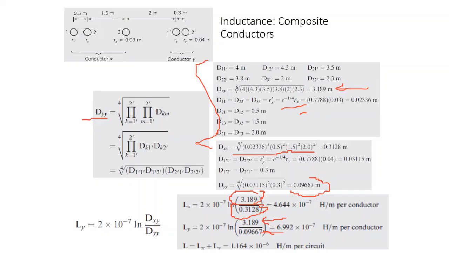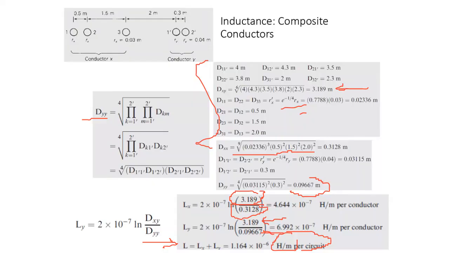And again, it is very important to know the units: Henry per meter, per circuit. This is the total thing you will put here. And then you multiply it by the frequency, 2 pi f, to get the X. And this is the X that you put on the circuit when you calculate the load flow.